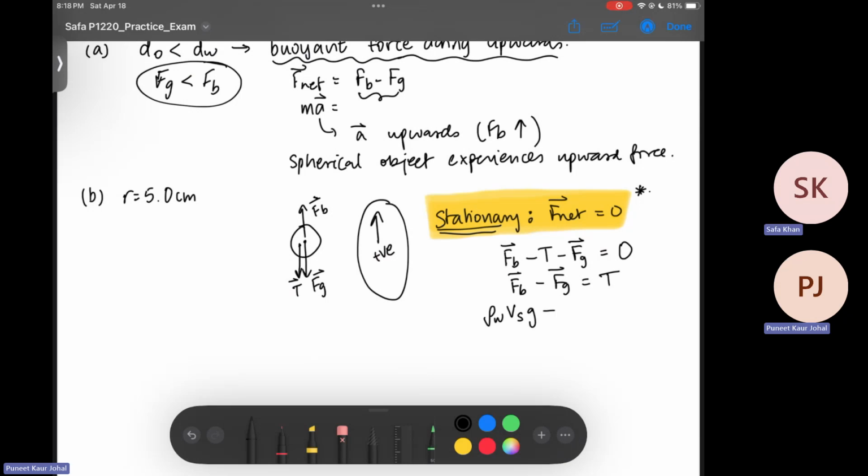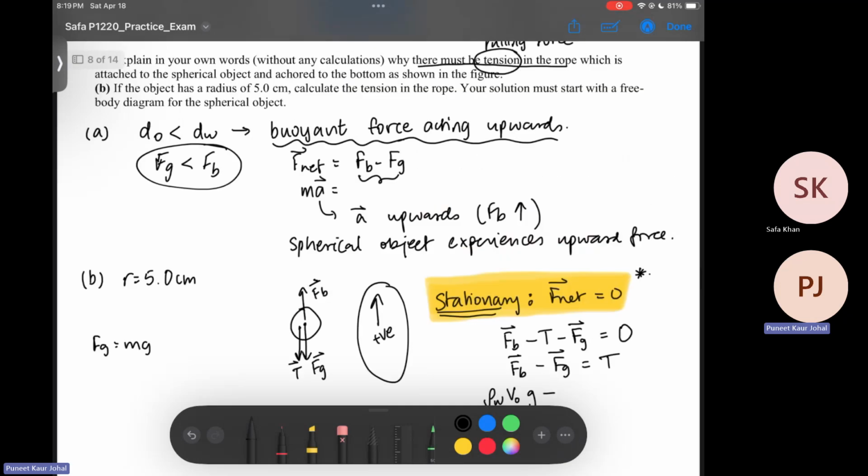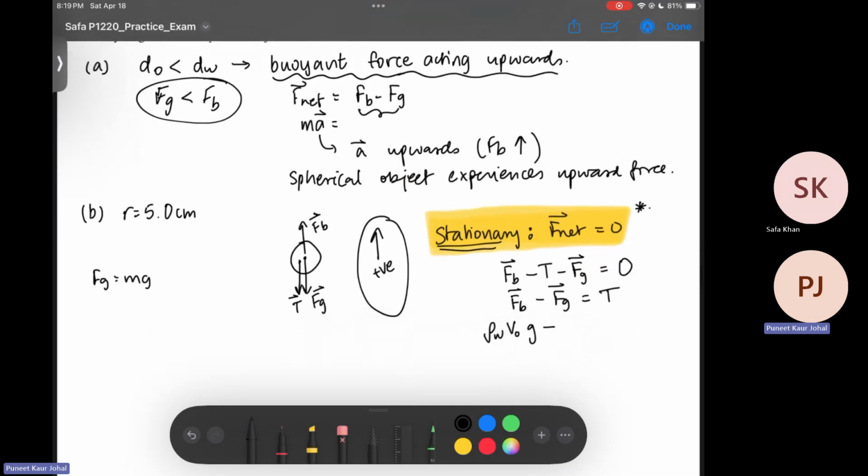Another thing, we need Fg. Now, force of gravity is usually mg, but we don't know the mass of the sphere, do we? We don't. But we do know, I'm going to call it object just to be consistent, that density is mass over volume.